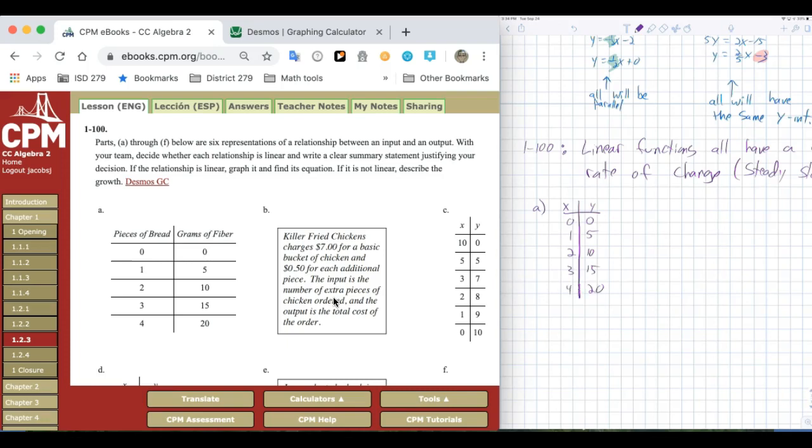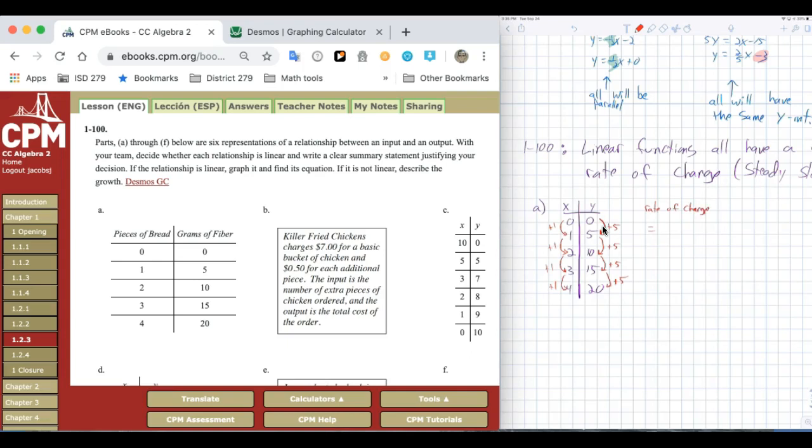What do I mean by rate of change? I mean the change in y divided by the change in x. So I am going to look for growth, and I see that I am going up by 5, up by 5, up by 5, and up by 5. At the same time, my x values are going up by 1. So my rate of change is like a rise over run.